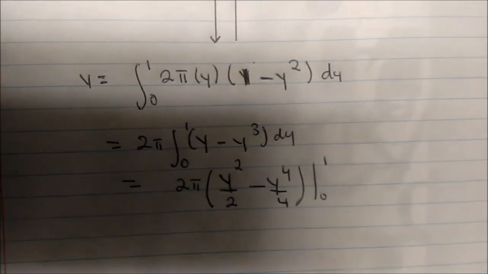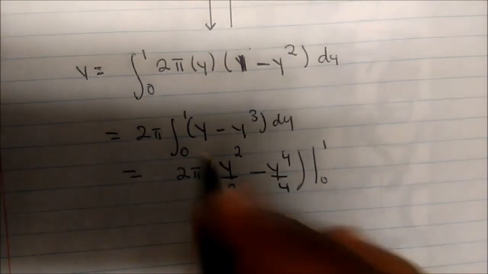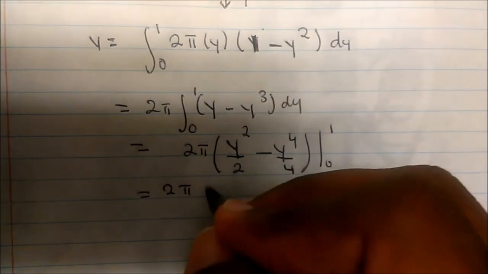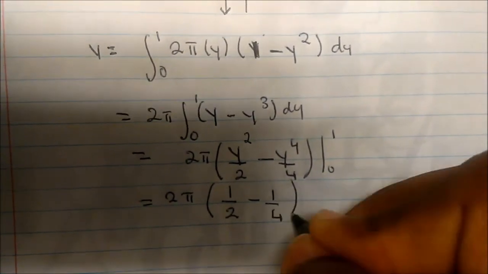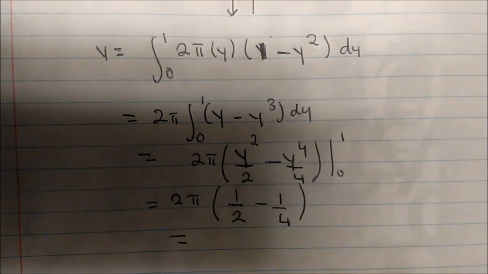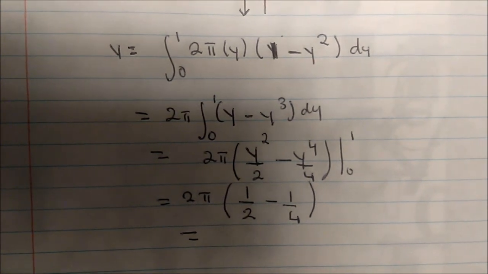Again, the second part I do not have to worry about because it's 0. So this becomes 2 pi times 1/2 minus 1/4.